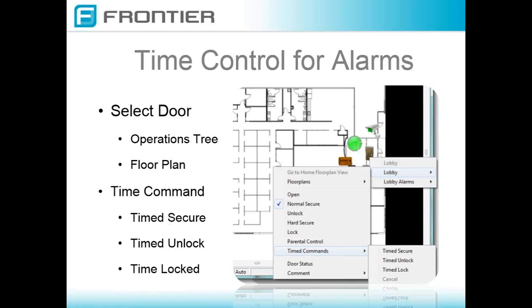Sure, not a problem. We'll put in 60 minutes, or you could put in 1 hour. And then when it's done, it'll automatically go back into that secure state. But if they call and say, oh, we got the job done in 35 minutes, that's even better, because we either can let that time out, or we can come back in and cancel that time control.